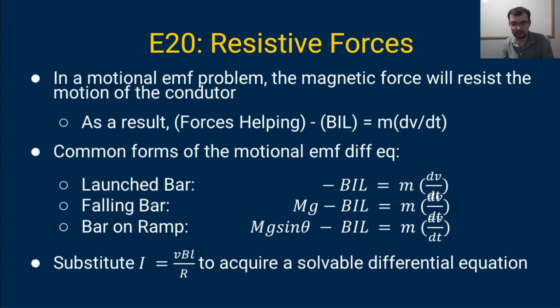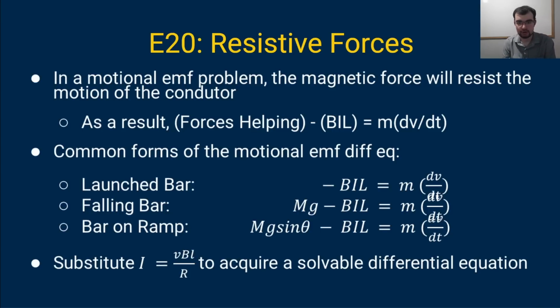And then to actually solve a differential equation, because you won't know what I is, you have to substitute I is vBL over R. And then you get some differential equation that usually works out to something like v of t is v0 e to the negative B squared L squared over mR times t. Something along those lines.